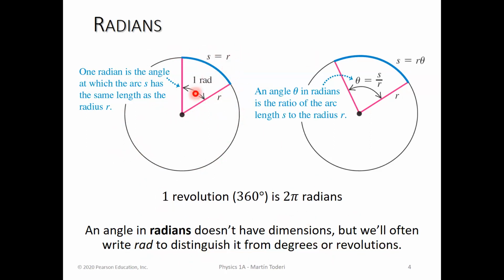Because this is just a ratio between the distance that the particle would be covering when the angle theta is varying, right? And that relation is S equals R times theta. So S divided by R, and that's the angle you get. That's the relationship you have between the distance and the angle.